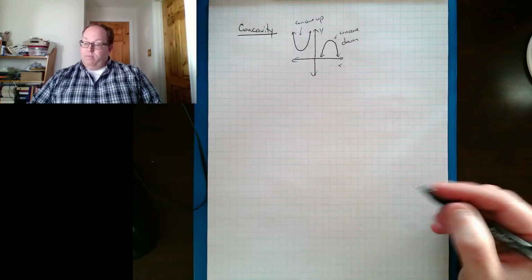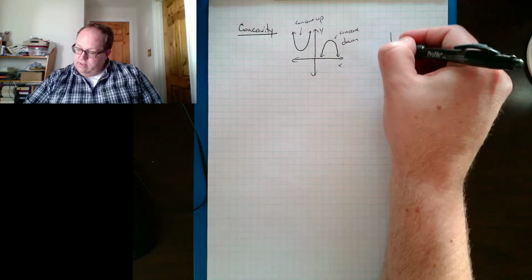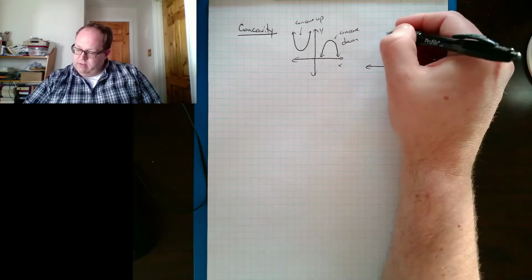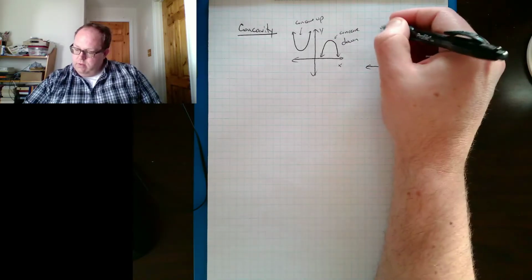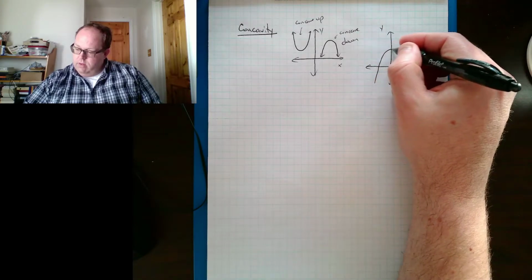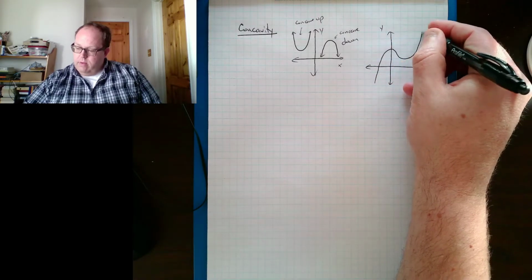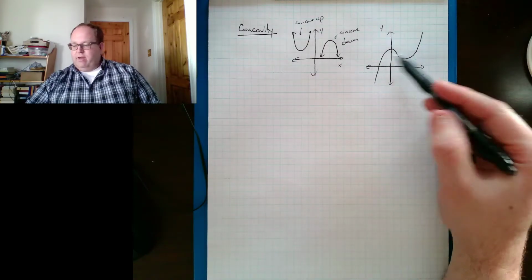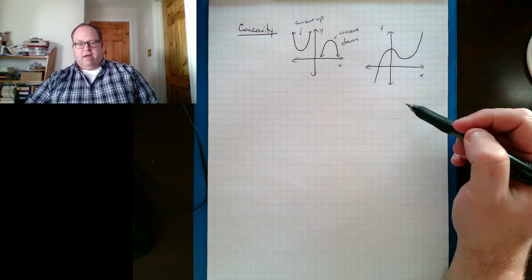And you can certainly have both of these things occur within the same graphed shape. If I think of even a cubic, for instance, I have a region here where I'd say the graph is concave down, but a region here where I'd say the graph is concave up.